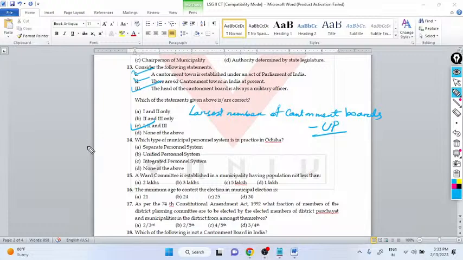Now a ward committee is established in 3 lakh for better coordination. And which type of municipal personnel system? We can say integrated personnel.